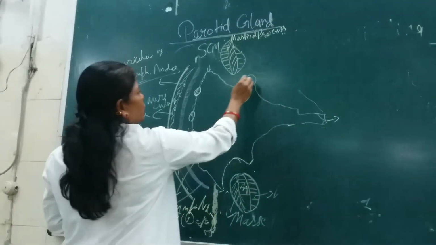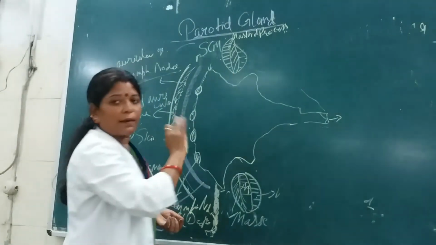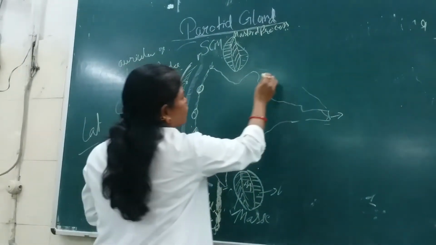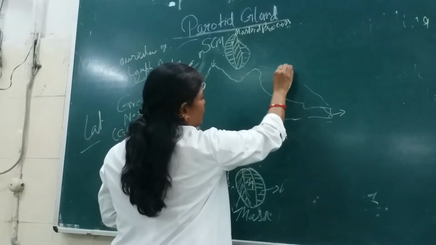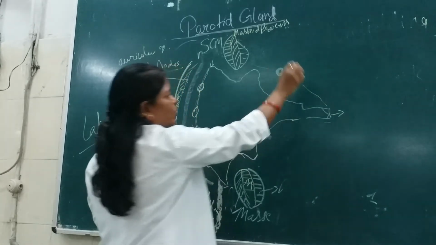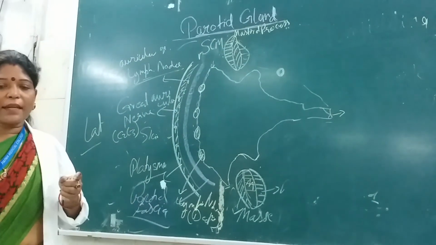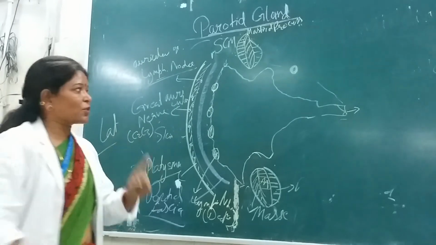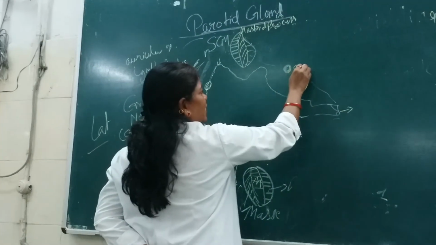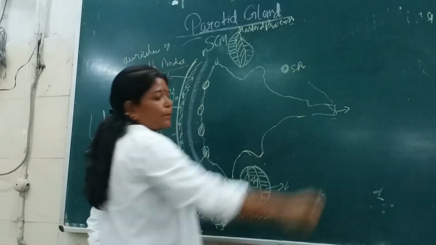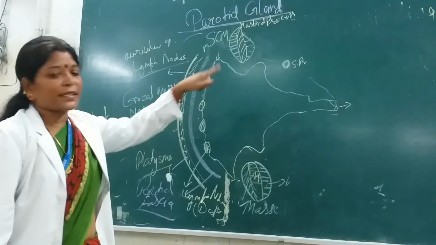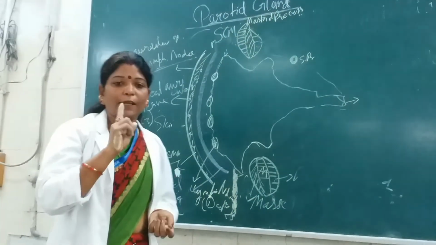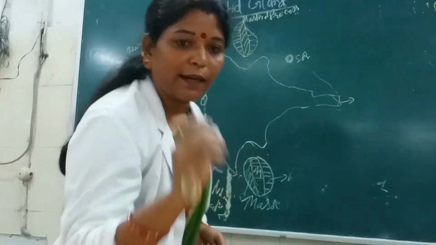Look here. Two bony parts are related. Again towards the medial side, again a bony part is here, which I have said, that is the styloid process. Now on this styloid process, three important muscles are attached.